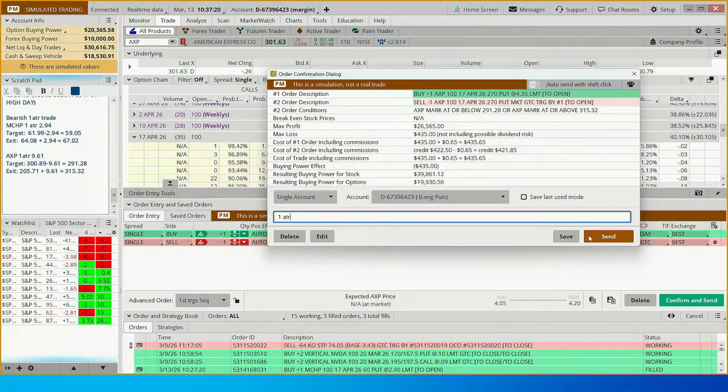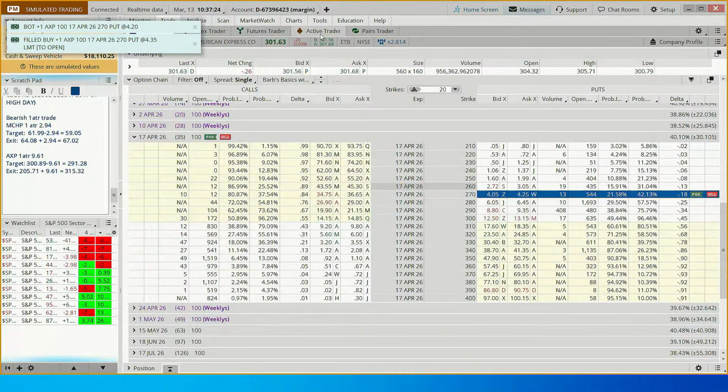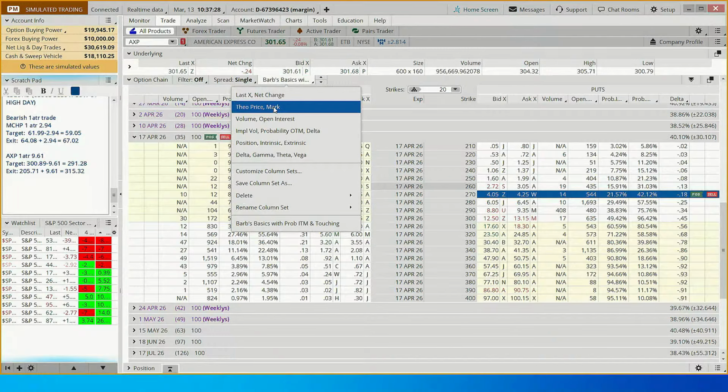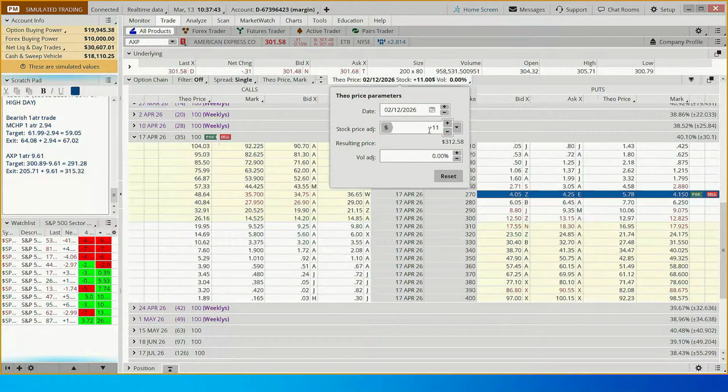And if we're saying, well, how much might we make? Well, if we come and look at this, we can come to Barb's Basic and change it to Theo Price and say, hey, if this comes down to about that 291 level or up to 315. The first thing you do when you click on this is you say reset.